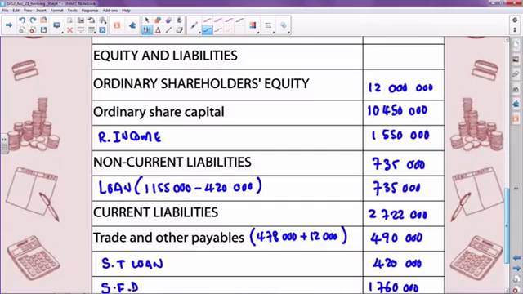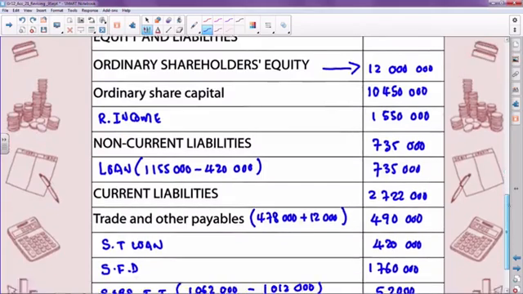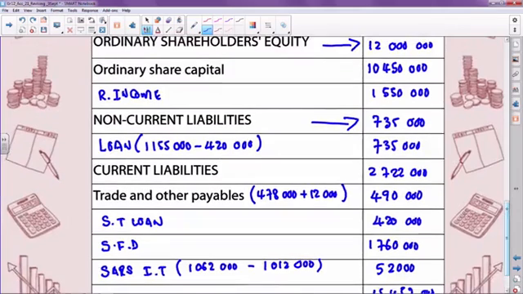Now remember, once again, while you were having a quick break, I just put in some totals for you, and these are purely additions. Remember, what you're now going to do is take your ordinary shareholders' equity of 12 million, add your non-current liability of 735,000, and add your current liabilities of 2,722,000.